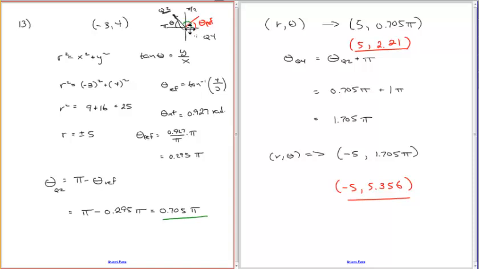So it's not 2 pi minus theta reference. Let me try to figure out if that's actually the same thing. Well, actually, I think it is. Let's just check it anyway. It is 2 pi minus that.